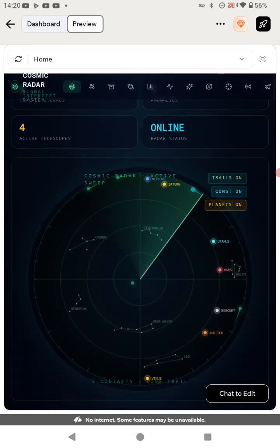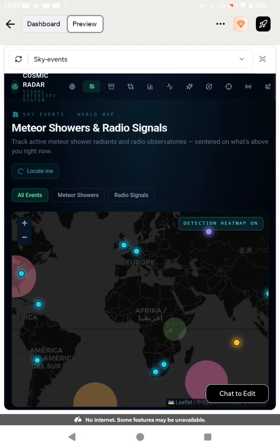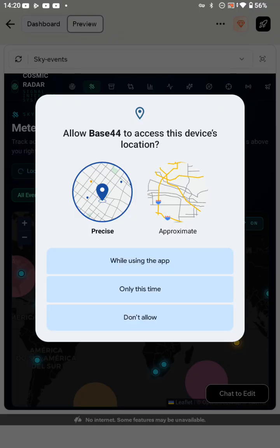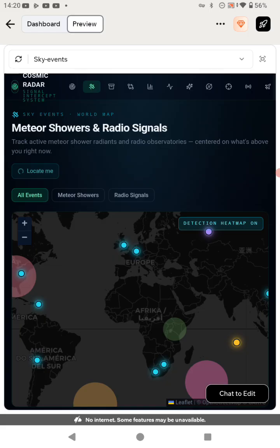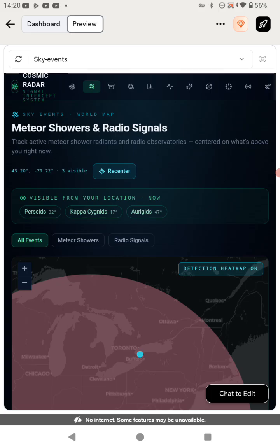Okay, now. Okay, so that was quick. See, it's asking me for my location. Okay, now, this is meteor showers and radio signals, which is not exactly what this page is.